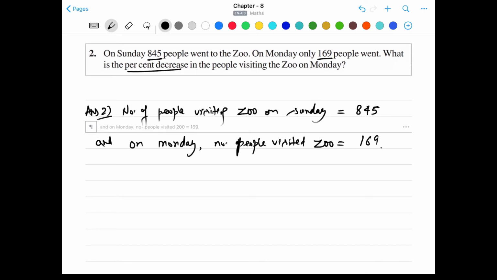Okay, so from 845, people reduced to 169.